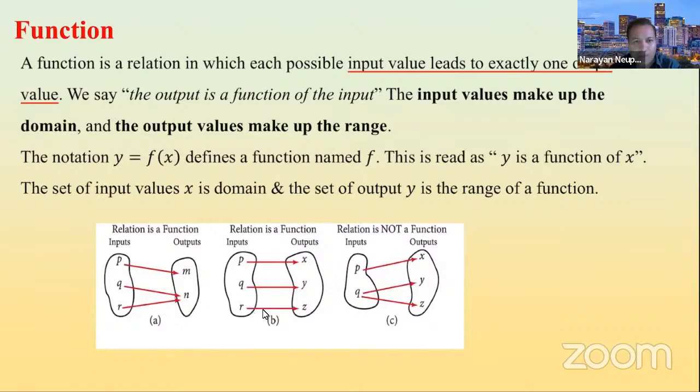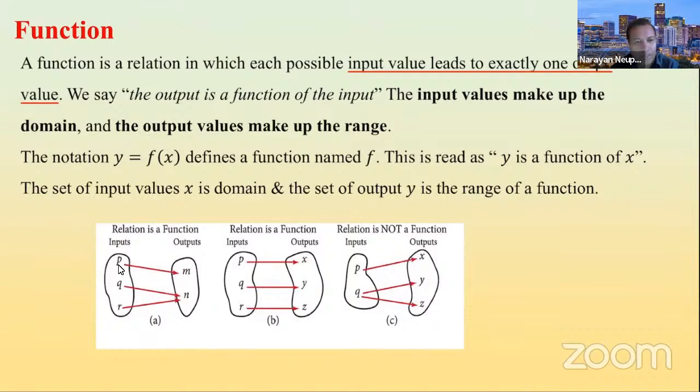So if I look at these three diagrams down here, everybody look here, the values on the first group are called the input values, and values on the second group are called output values.